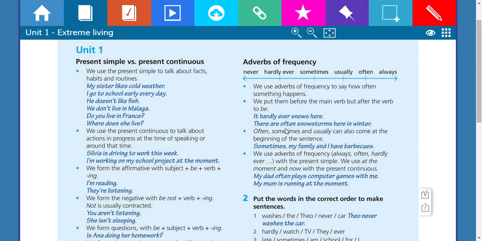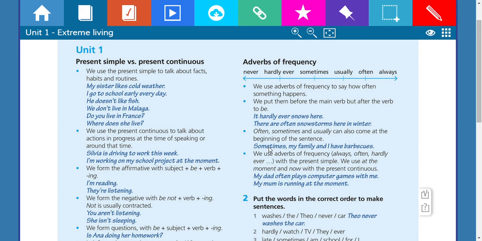Now let's see. In the case of often, sometimes, and usually, they can also come at the beginning of the sentence. Well, when I was studying English, my teacher said that only sometimes goes at the beginning. But the book says often, sometimes, and usually can also come at the beginning of the sentence.